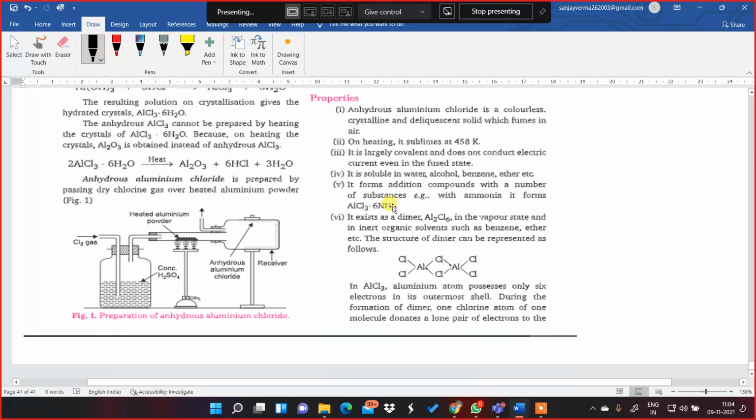At the back of your textbook, from this chapter, the p-block elements, you will find the multiple choice questions.